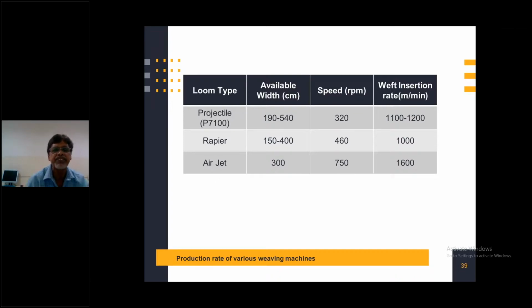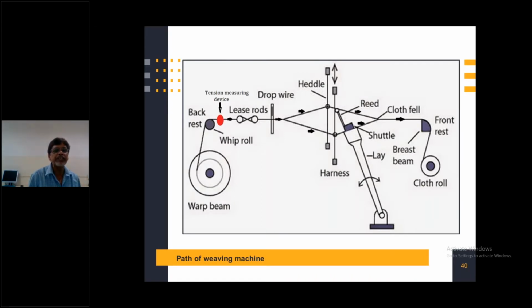So they are the fittest commercial machines as far as the production rate is concerned. That's why all three kinds of machines are well accepted in the industry. But even though these machines are designed today, there are some problems with these machines also, and that is what I will tell you.